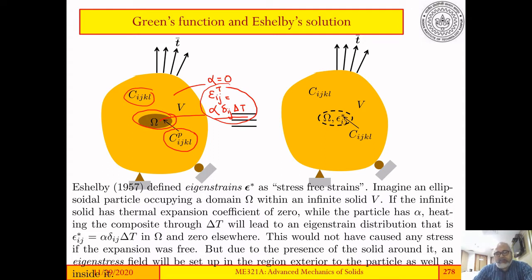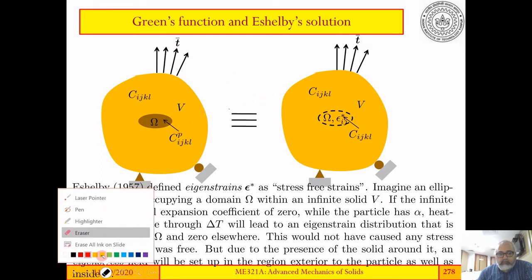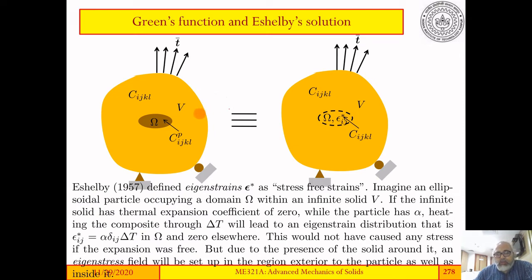So what he brilliantly realized is that this problem of an ellipsoidal particle sitting in an infinite matrix with a different stiffness C_ijkl^p from that of the matrix can be replaced by a problem where the whole body has the stiffness C_ijkl, same as that of the matrix, and the region of the particle is subjected to an eigenstrain epsilon_ij star, which is constant inside the particle.